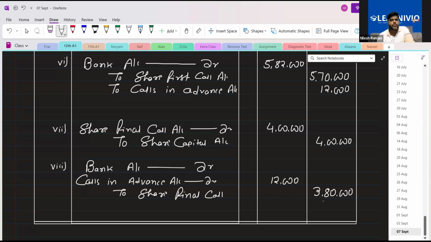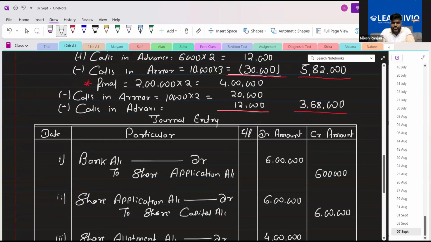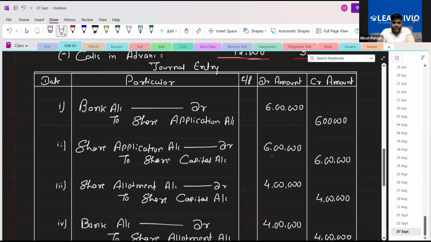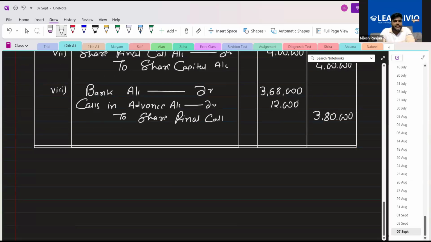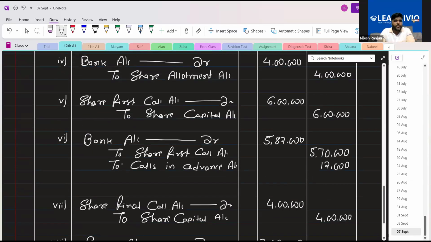We have not received this 20,000, 10,000 shares into 2. So 3,80,000. In this 380, we have already received 12,000. So it means 3,68,000. Actually, it is my calculation, but I have not seen this and written them all. So 3,68,000, 12,000, 380,000. So this is the share final call.